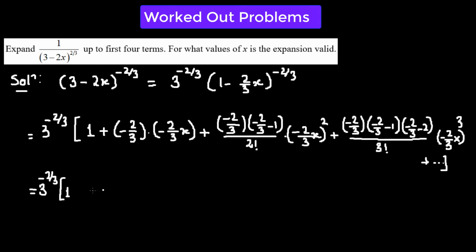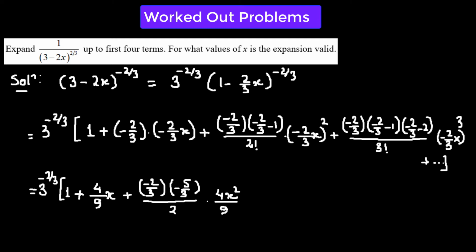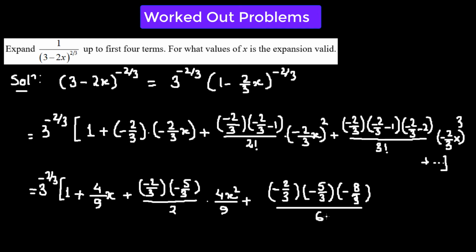We have a negative multiplied by a negative, so we'll have a positive, so that would be 4 divided by 9 x, plus negative 2/3 times negative 5/3 divided by 2 factorial, which is 2, times negative 2 squared, which is 4, x squared, which is 4x squared divided by 3 squared, which is 9, plus negative 2/3 times (negative 2/3 minus 1), which gives us negative 5/3, times negative 8/3 divided by 3 factorial, which is simply 6, times negative 2 cubed, which is negative 8, x cubed divided by 3 cubed, which is going to be 27, plus the remaining terms.